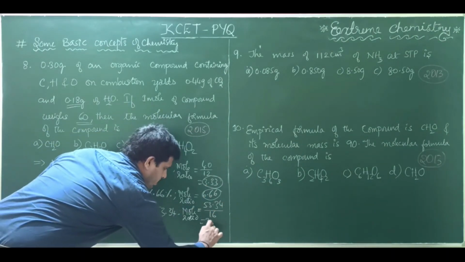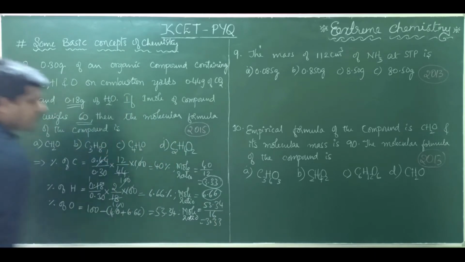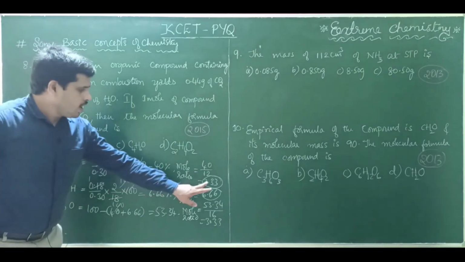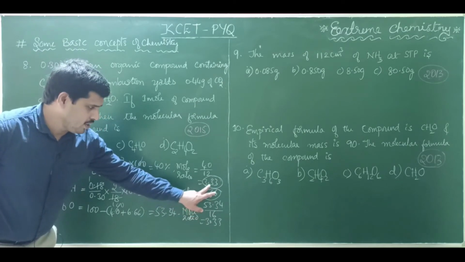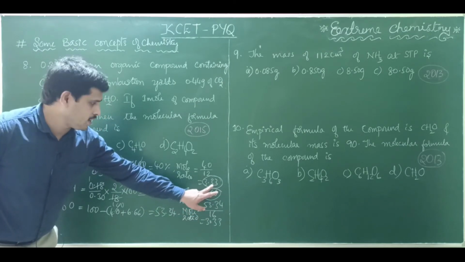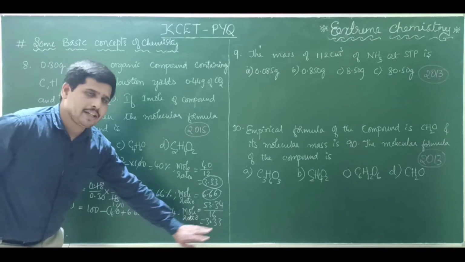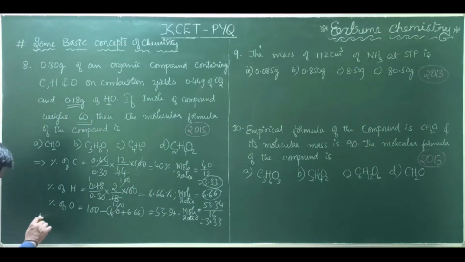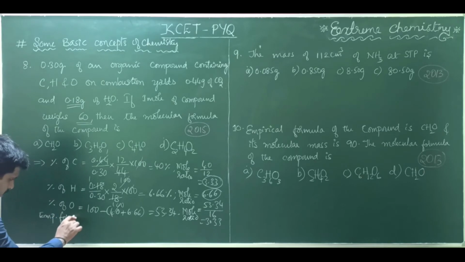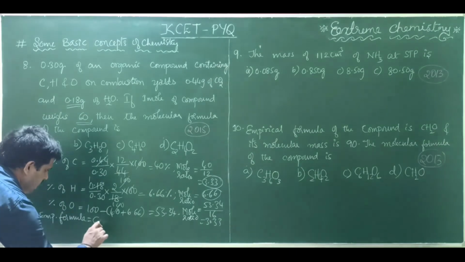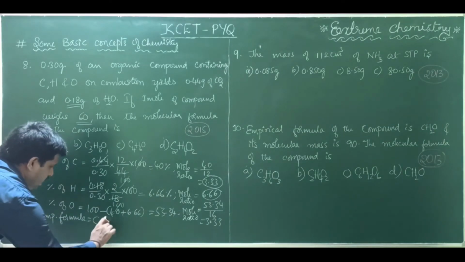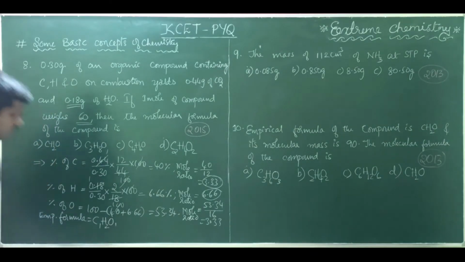So obviously I came to know the empirical formula now. Simple whole number ratio: 3.33 by 3.33 is 1, here it is 2, and here again 1. So the empirical formula is C1 H2 O1.